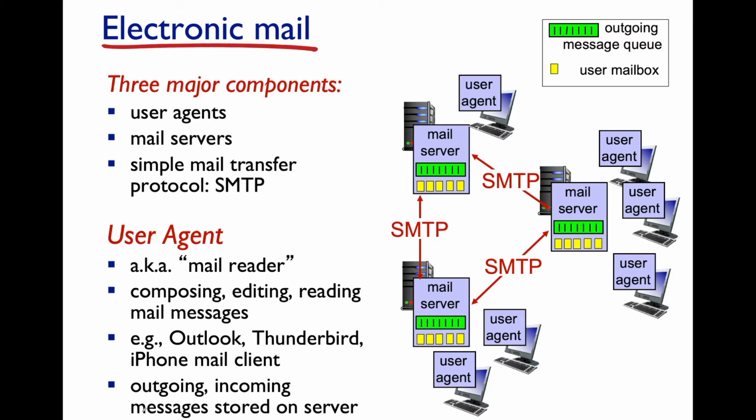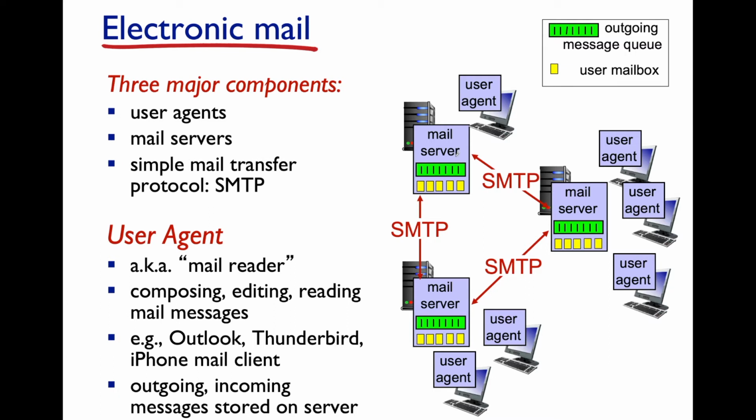Now, in this notation, we have a couple of things that are important to note. This green box, that's the so-called outgoing message queue. Electronic mail messages are deposited into the outgoing message queue, and it's from this outgoing message queue that an agent, your SMTP server process, or more correctly client process, wakes up and delivers that email message.